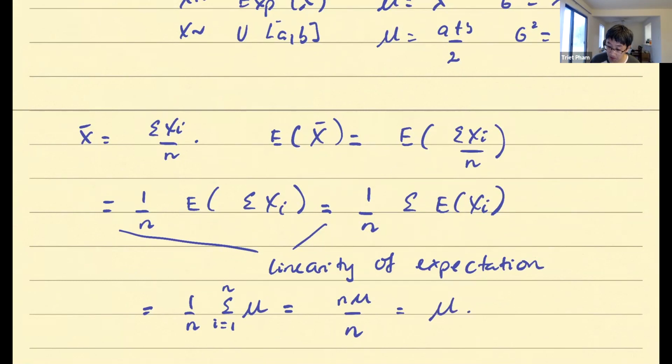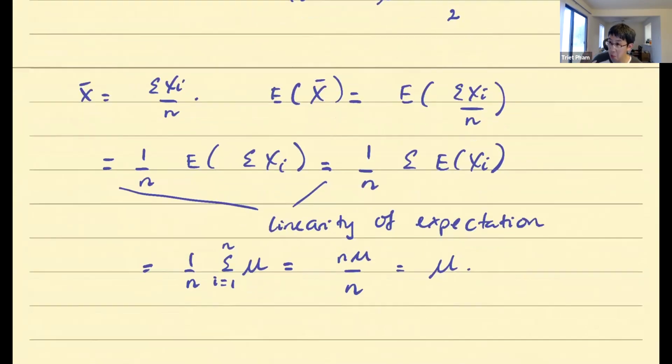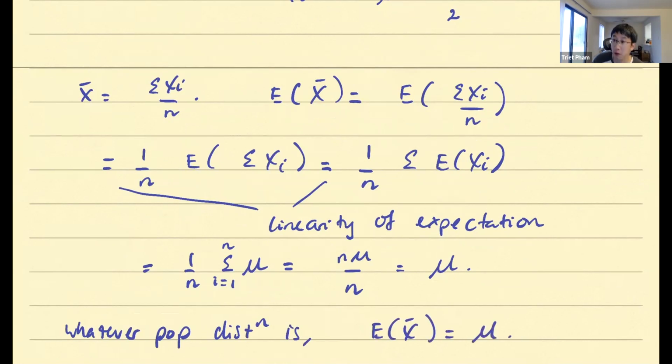So the above calculation tells me that whatever population it is, the sample mean always has expectation mu. Sorry, I said variance earlier; it always has expectation equal to the population expectation.